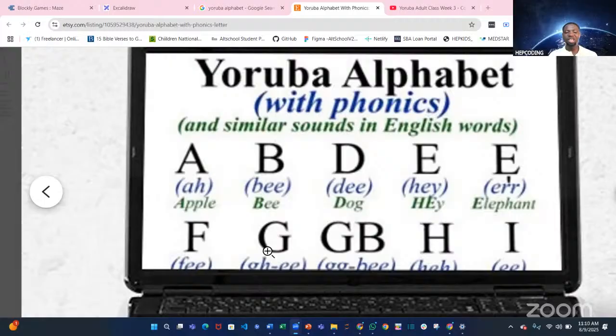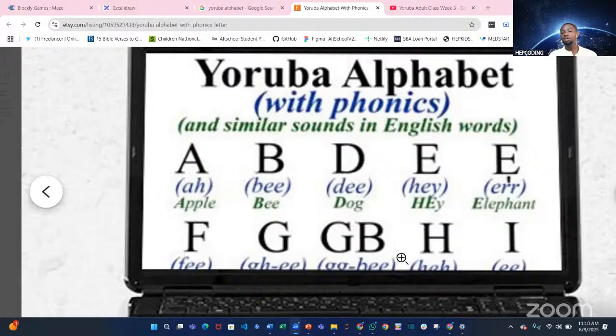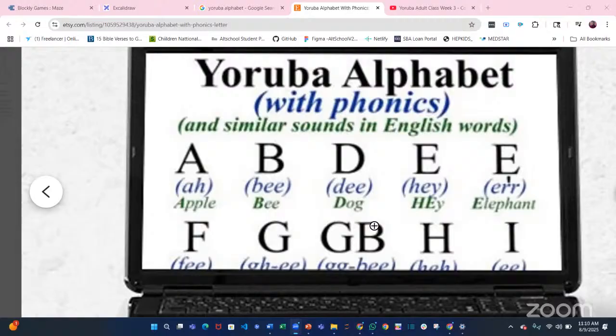Not G, this is G. B, A, no, sorry, E. Do you see the difference between that?